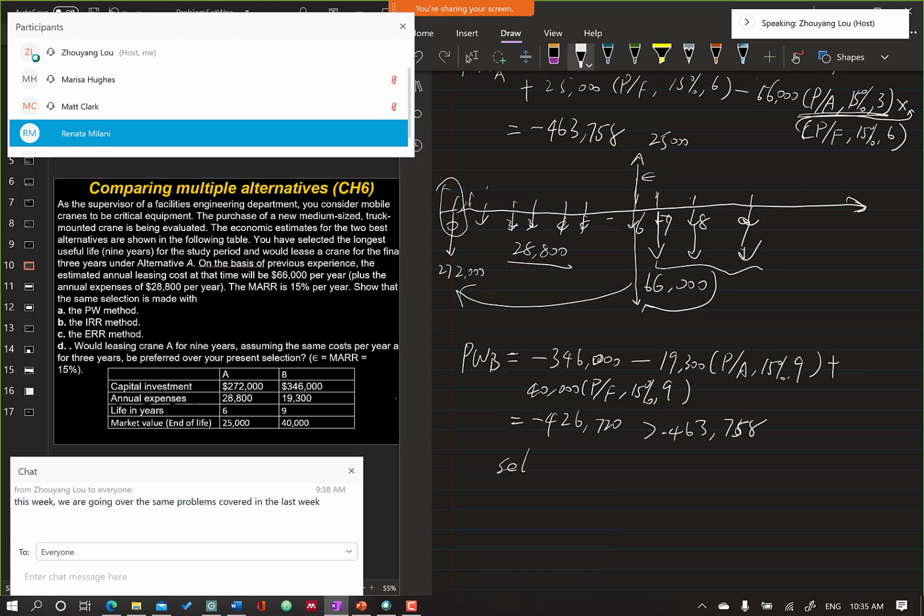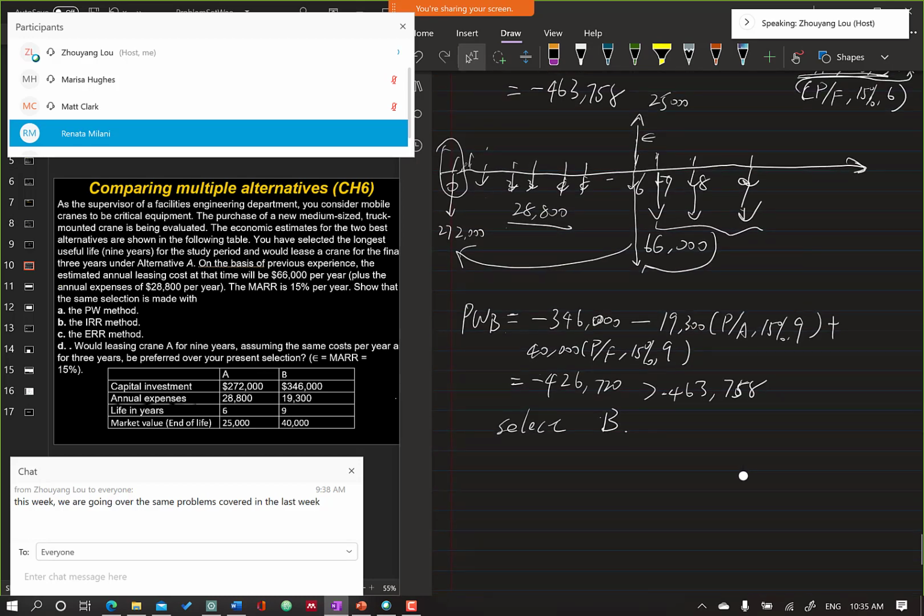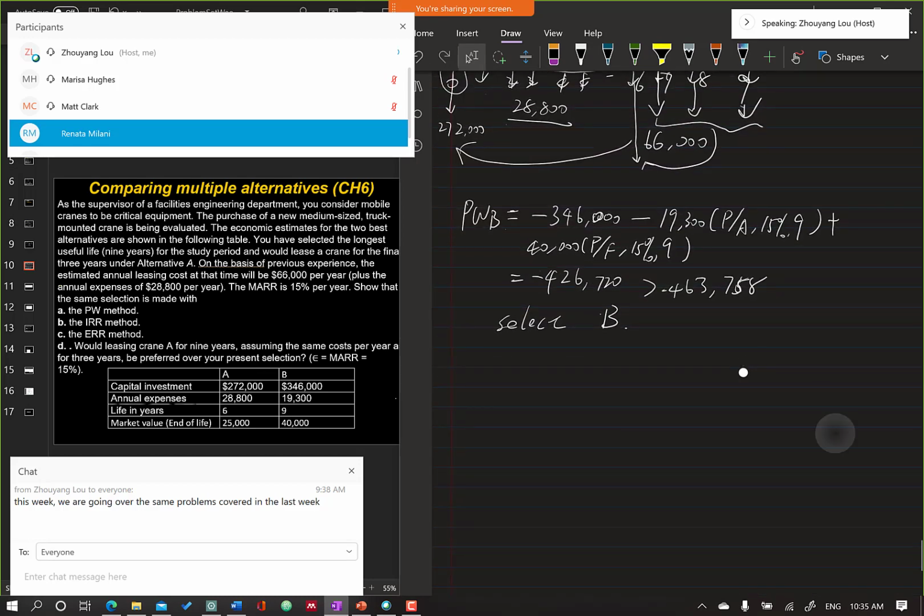So we select project B. And that is how we use the present worth method to solve this problem. And do you have any questions? Okay, let me know if you have any questions.